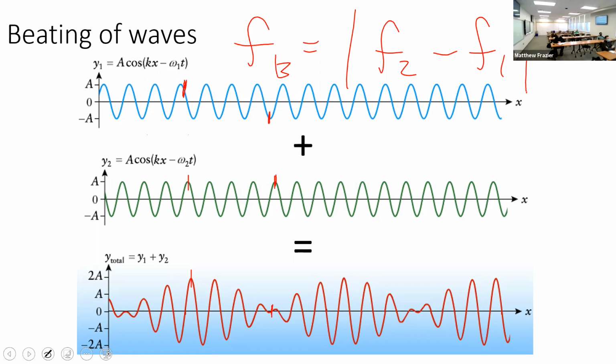What frequency are you playing? Which means you say, well, I know my beat frequency because I can hear that. I can count. And I know one of them, I can figure out the other one. And then we can go from there and say, if you have this particular frequency, how long is your instrument? And we'll get into how to do that.